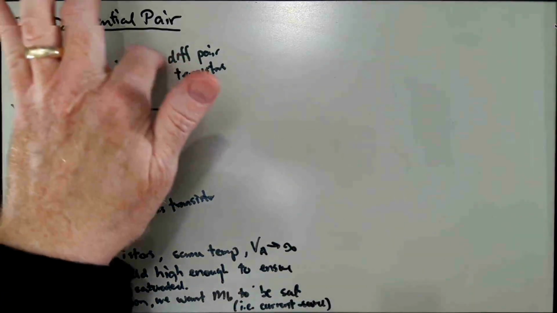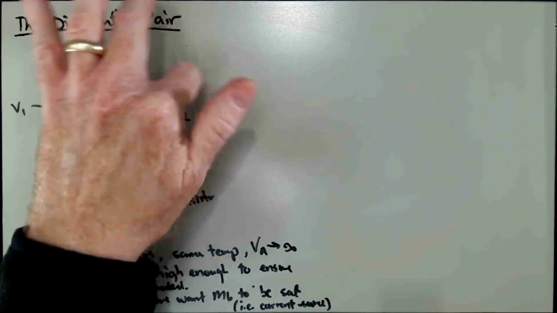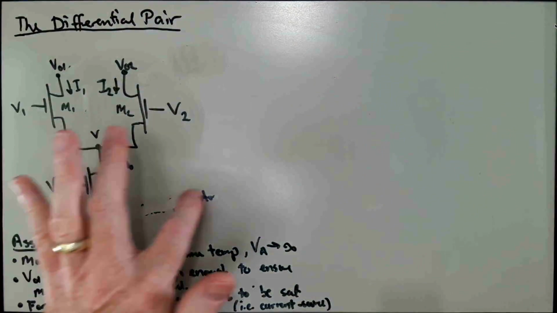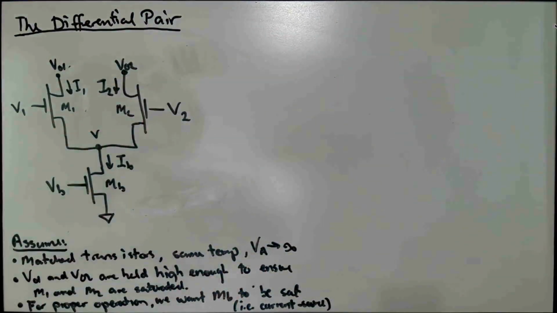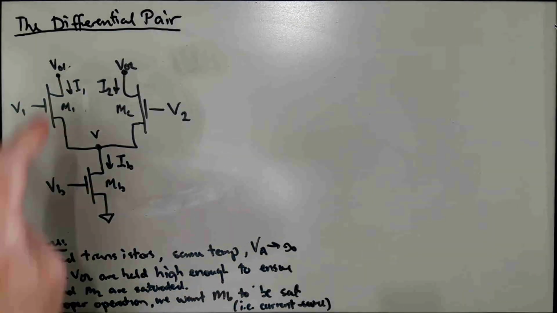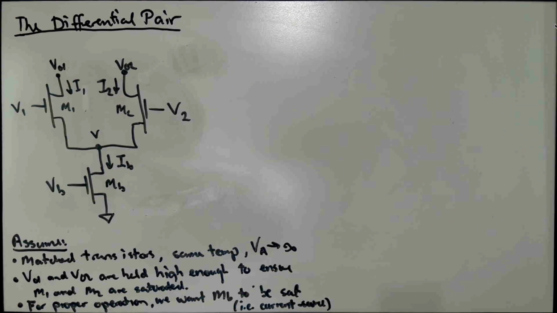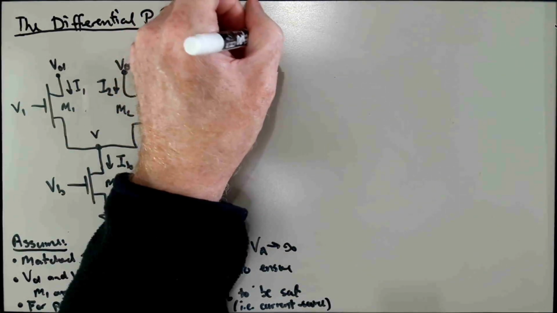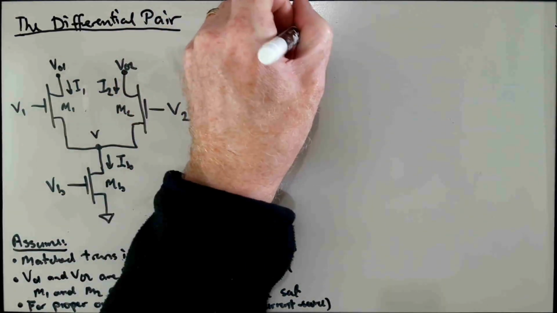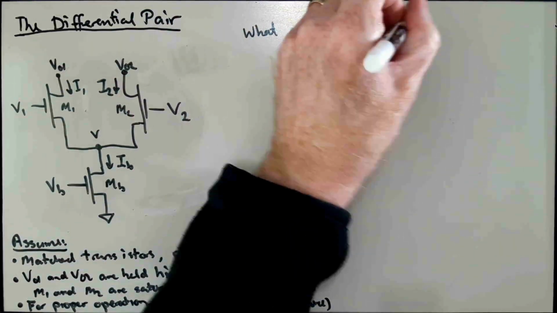Okay, so I'm going to suppress the diff pair transistors and the bias transistor labels here. We want to do some thought experiments to try to understand how the circuit works qualitatively. So first of all, what can we say about the currents?